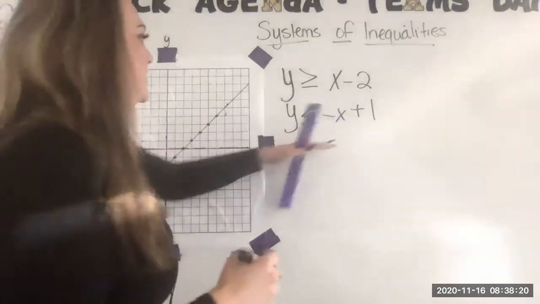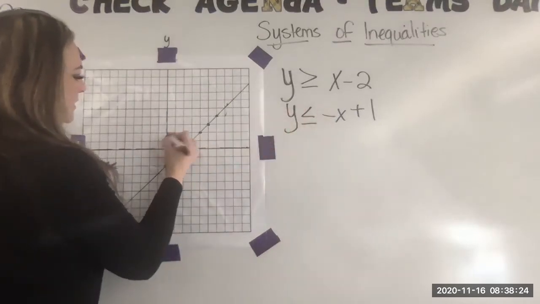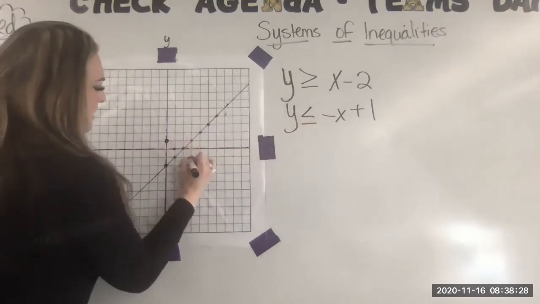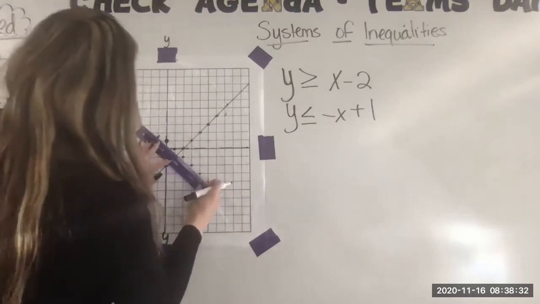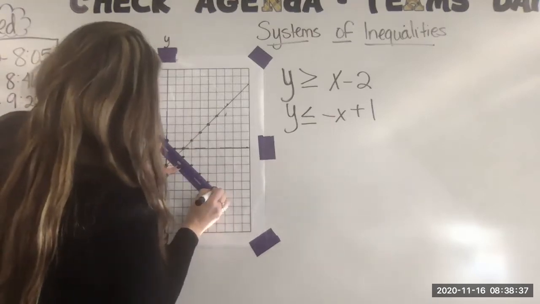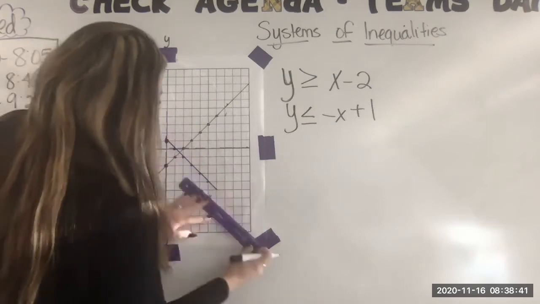Now we're going to graph this next one. So it's got a y-intercept of 1, and then the slope is -1. So this one, down 1 over 1, down 1 over 1. We're going to graph these points together, and we'll extend it out.